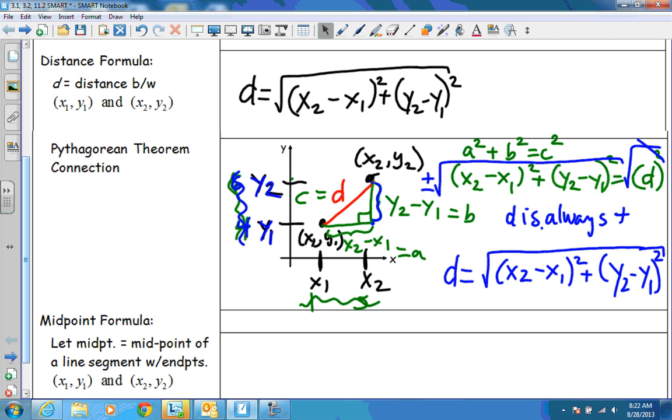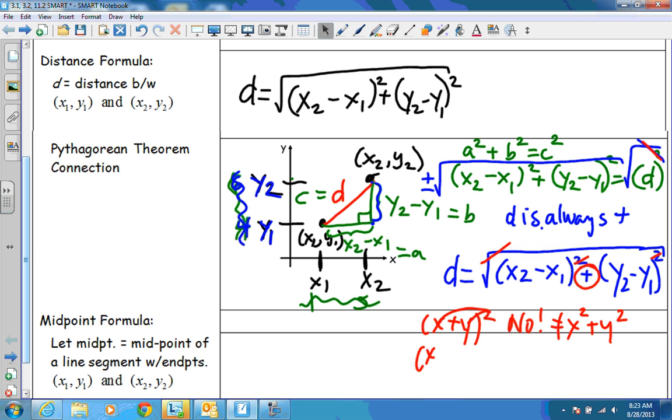Let me ask you a really important question because so many students want to do this. Just like we canceled here the square root and the square, can you cancel the square root with these squares? No, you cannot, because you cannot go over addition. It'd kind of be like saying, when we had something like this, can you distribute that? No. That does not equal x squared plus y squared.